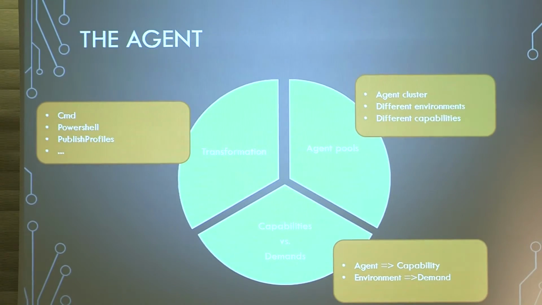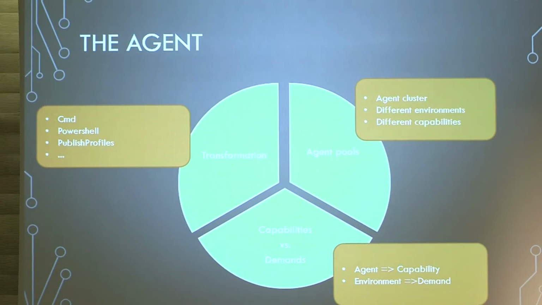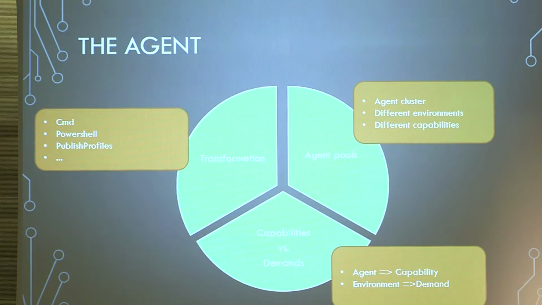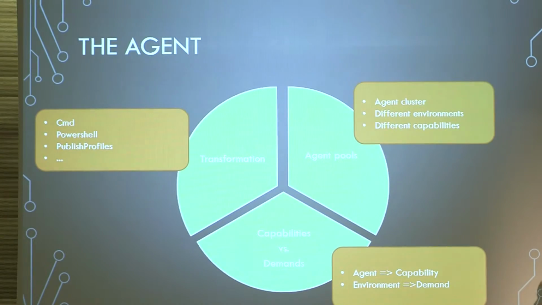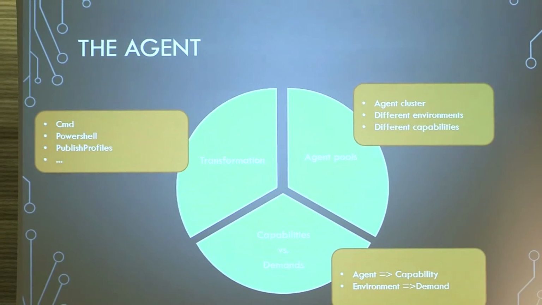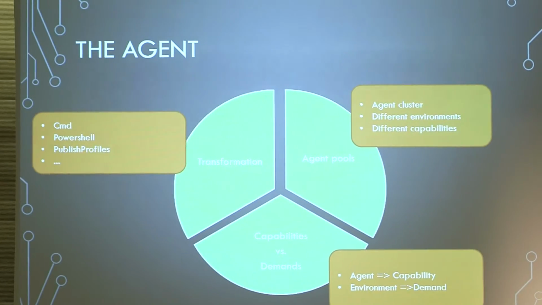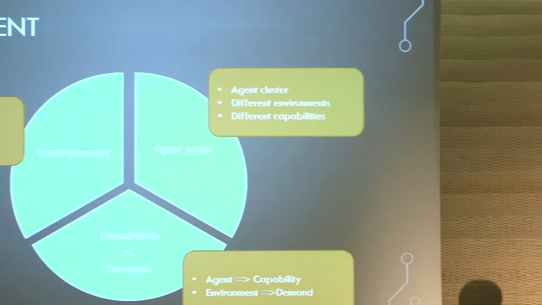The first thing, the agent pools. Now we have the agent pools, so we can distribute the load of the specific agents more easily. On the other hand, we have something called agent capabilities. We define them so that we can fire up different agents for different environments and under different conditions.